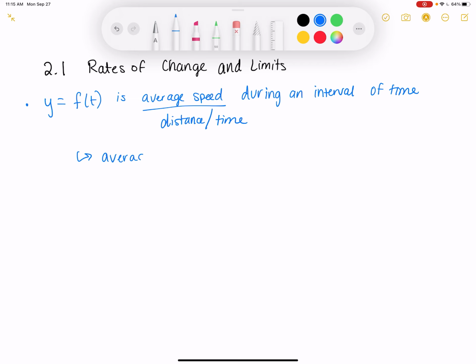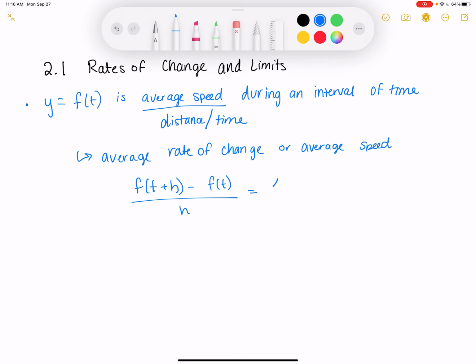Average rate of change, also known as average speed, is f of t plus h minus f of t all over h, equal to delta y over delta t.